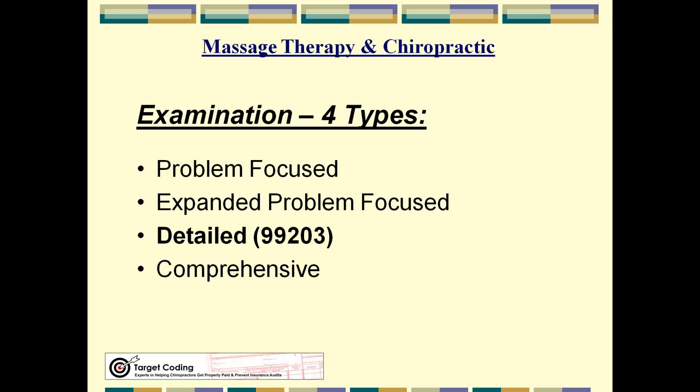Or just saying there's no scars, rashes, or lesions, that also counts. Reflexes, sensation, pinwheel, even a brief mental assessment stating patient appears to be oriented to time and place, that counts as a finding. So make sure you have 12 findings. If you don't have 12 findings, then you have to down code to a 99202.